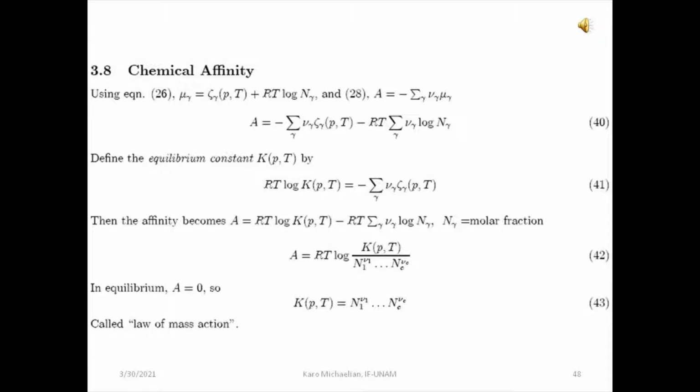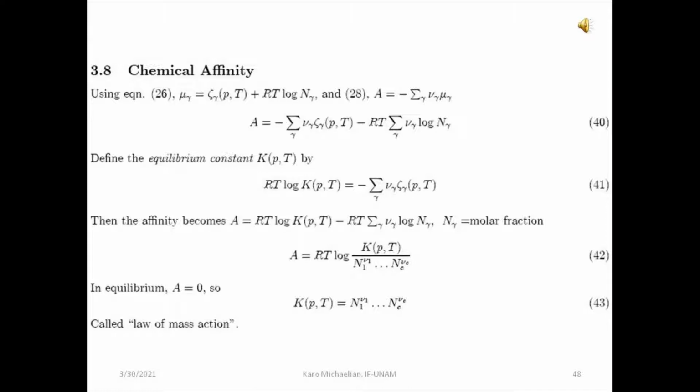Therefore, using the definition, equation 41, in equation 40, we can then write the affinity in this form, which is the affinity is equal to RT, that is the gas constant times the temperature, times the logarithm of K, minus RT times the sum over the stoichiometric coefficients times the logarithm of the molar fraction.